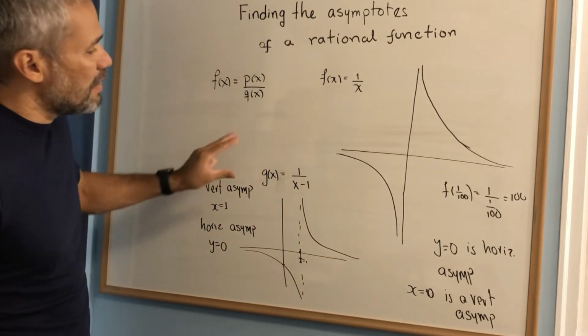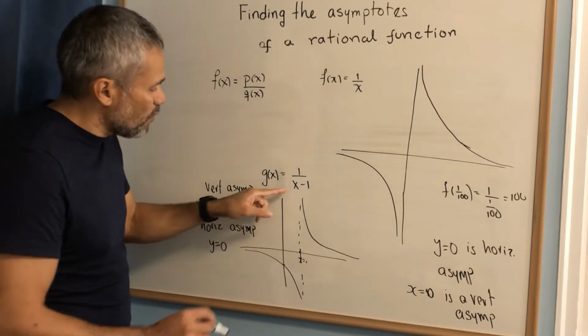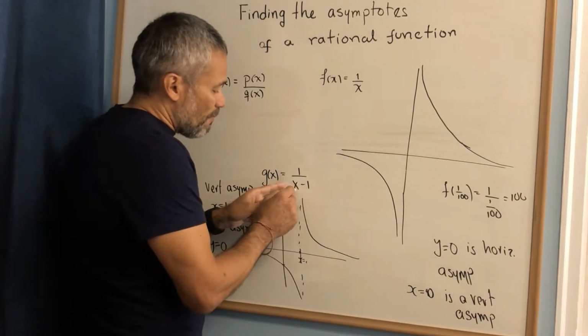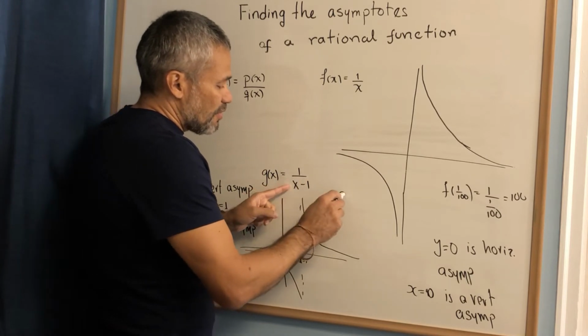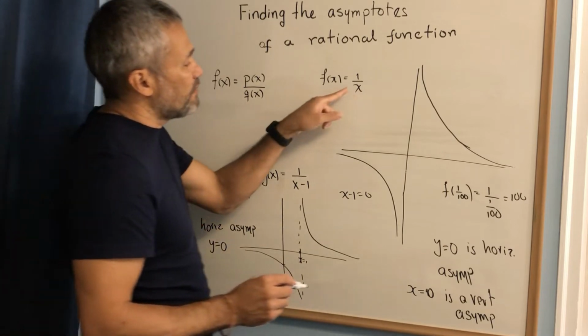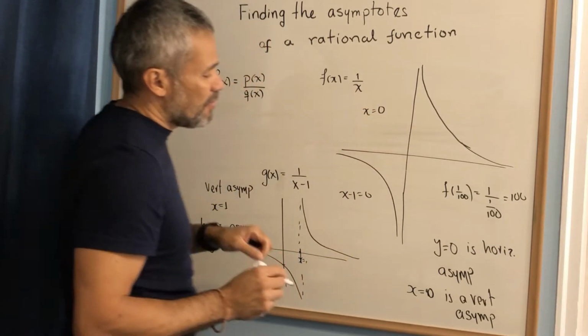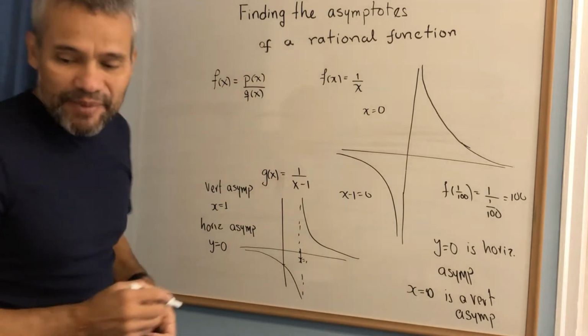Okay, let's see what happened in general. Notice that this x equal 1 has to do with the solution of making the denominator equal 0. If you make the denominator equal 0, you get x equal 1. Here, if you make the denominator equal 0, you get x equal 0. And let's see what happened in general.